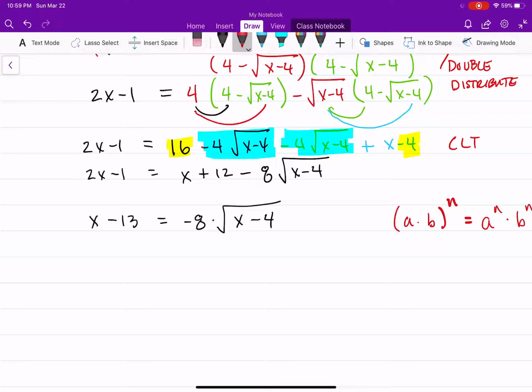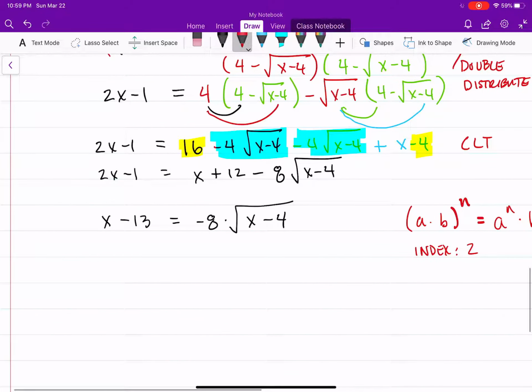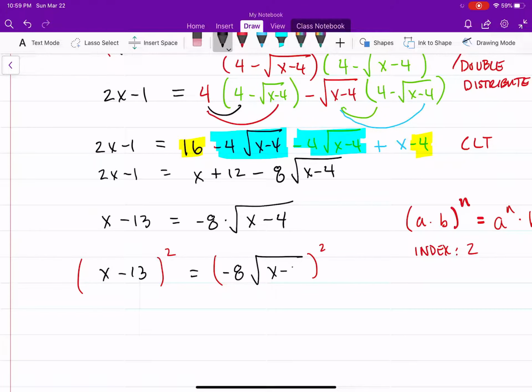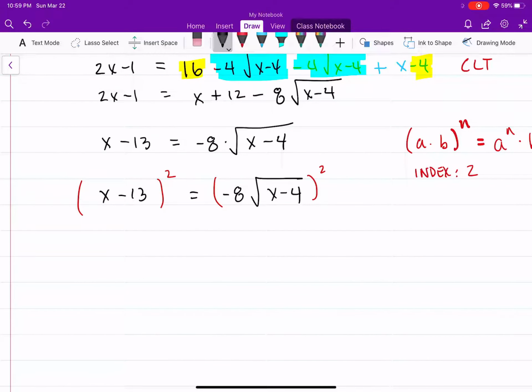So from here, I can get into step 2, which is raise both sides by the index. And what I also know here is that the index is still a 2. So I have to raise this side to the second power and this side to the second power. Over here, I have x minus 13. On this side, I have negative 8 square root of x minus 4. Okie doke. So, what do we have to do on the left side?